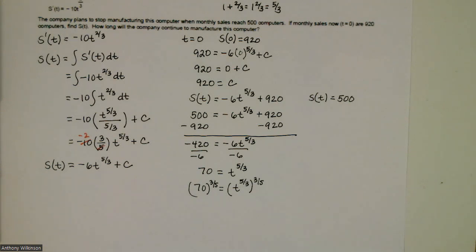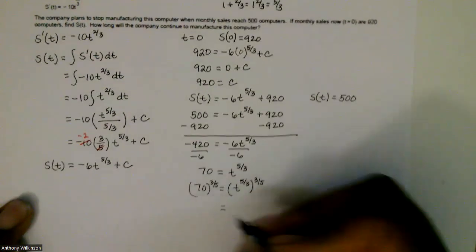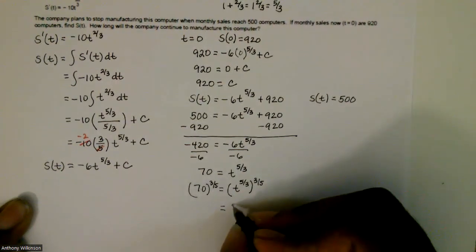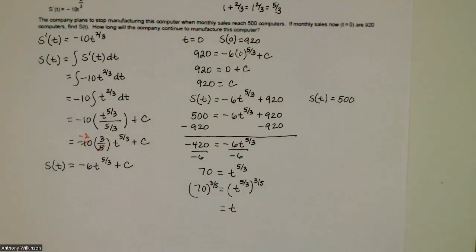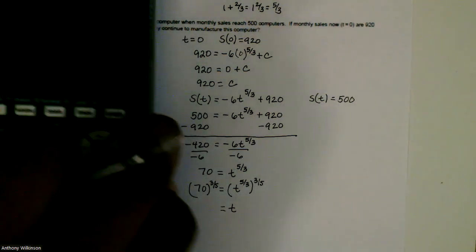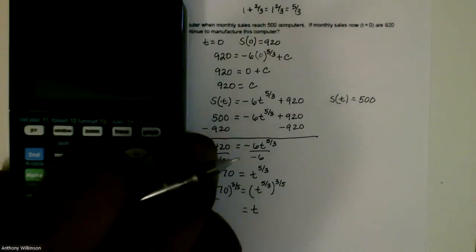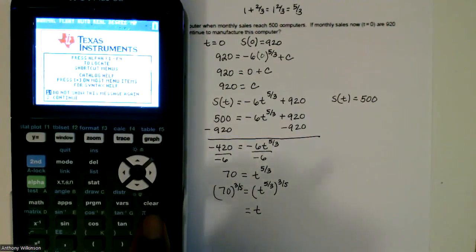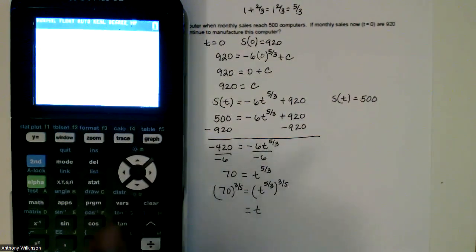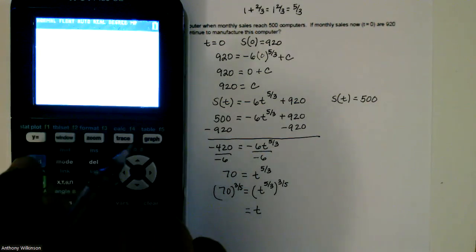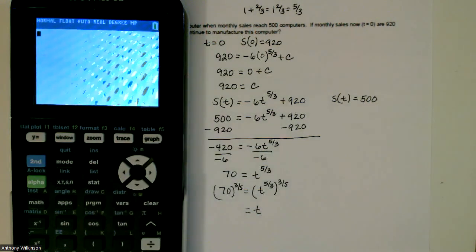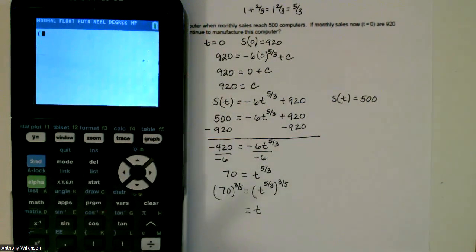All right, now to solve for t, of course, 5/3 times 3/5 gives me 1. So it'll just be t by itself. But on the other side, I've got 70 to the 3/5 power. So I'm going to need to use my calculator to come up with the answer to this. Left parenthesis 70, then close the parenthesis.